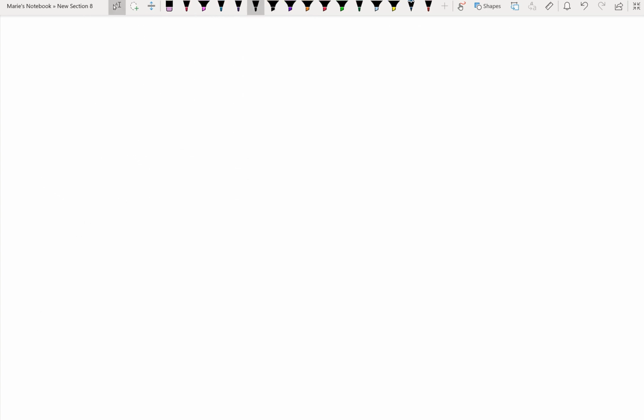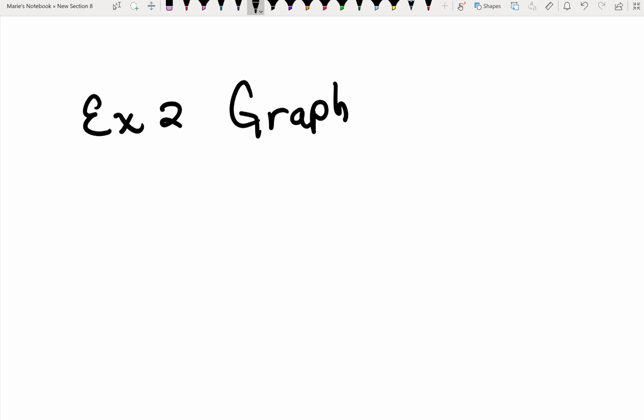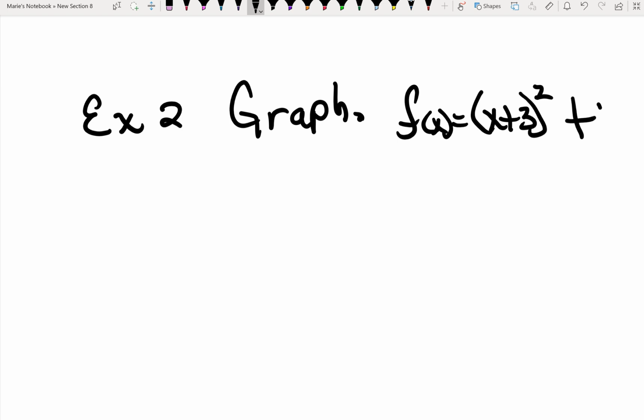All right, example 2. We're still graphing. We have f of x is equal to x plus 3 squared plus 1.